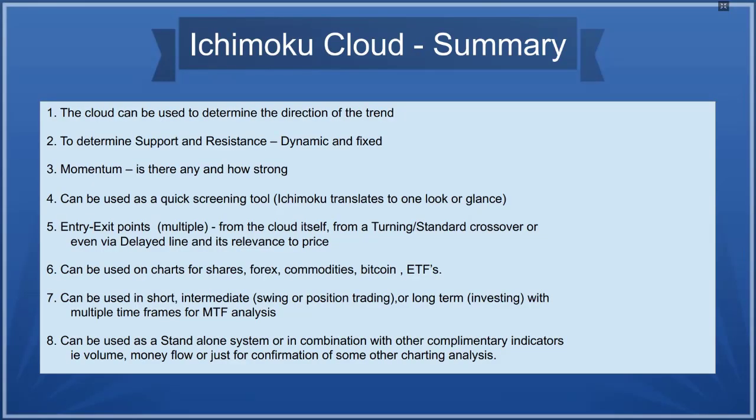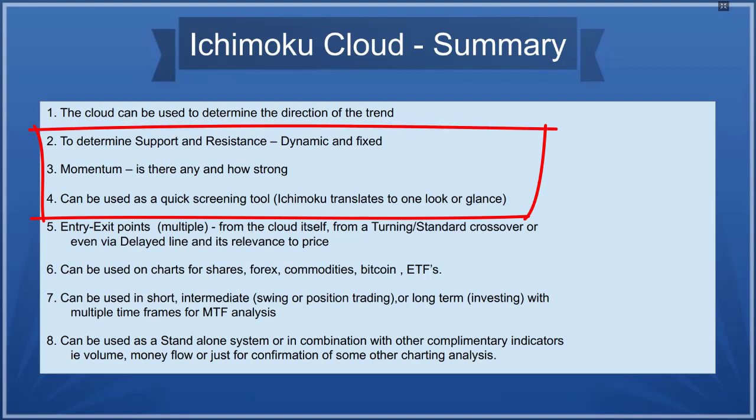So all of those momentum, dynamic resistance, they're all shown clearly on the Ichimoku cloud with one look, and that's what it translates to. Ichimoku is one look or glance to show whether a price chart is in an uptrend, whether it's got support and resistance, and how strong its momentum is. So there's three things just by one look at the chart.